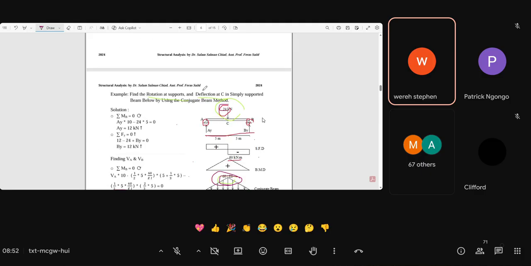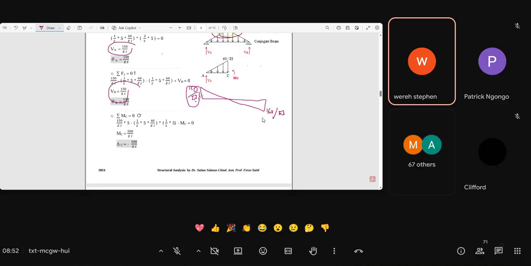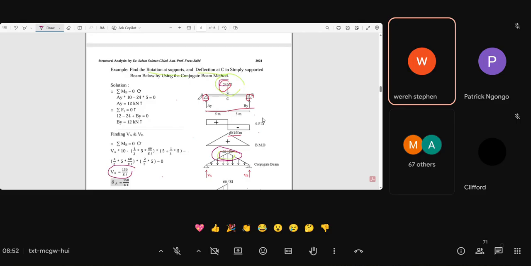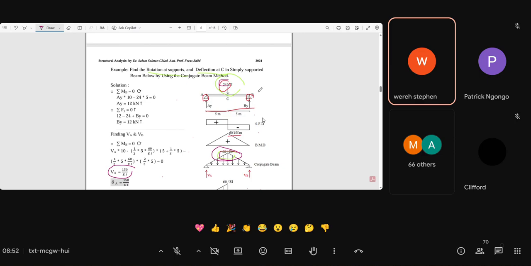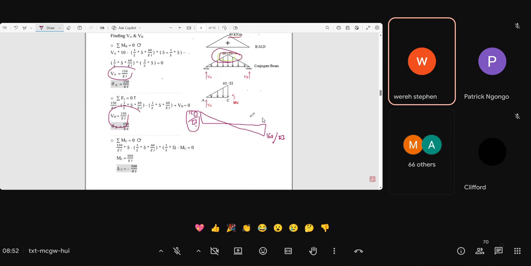The rotation at A is equivalent to the shear force at point A in the conjugate beam, which is 150 over EI. The rotation at point B is the shear force in the conjugate beam at point B, which is 150 over EI. So you can see how simple it is. Once you find the shear force in the conjugate beam, those are the rotations. Yeah.